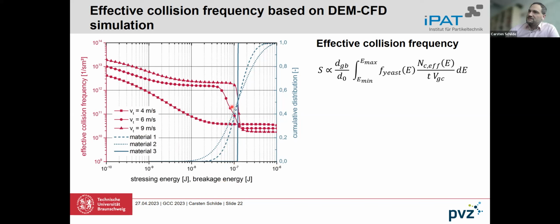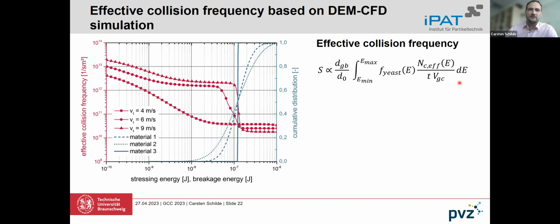Now we weight every single breakage energy of our material with the number of stress events in the mill that have higher energies, and sum them up, which is given by this expression within the integral. So within this integral, we sum up, for each breakage energy, all stress events in the mill which are larger, and then sum everything together. We weight these two functions to each other and get a kind of effective collision frequency.